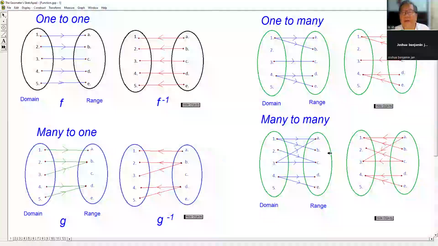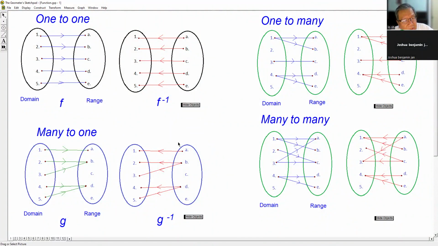Of course, this one, no need to look at. Many-to-many, one-to-many, no need to look at this one. Because going is not a function, then we don't bother whether coming back is a function or not.